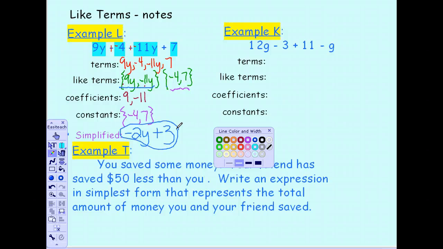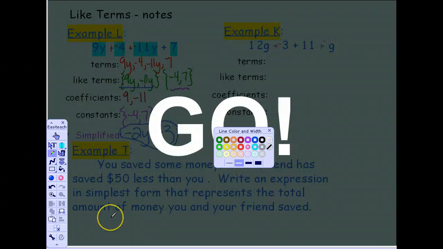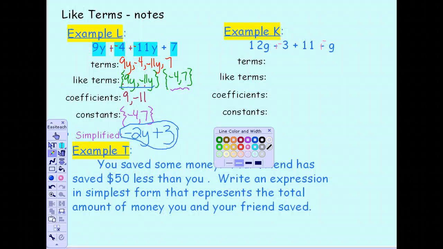In example K, we're going to do the same thing, just some different numbers and terms that we're looking at. First step, we're going to change all of that subtraction to add the opposite. So I changed the subtraction to add the opposite with the negative 3 here.